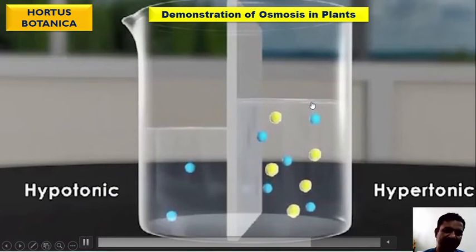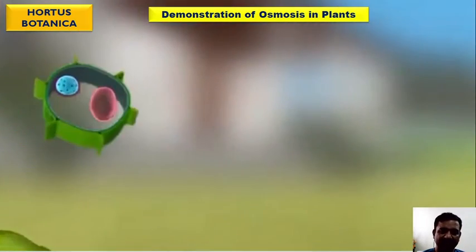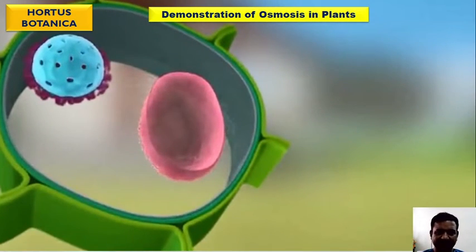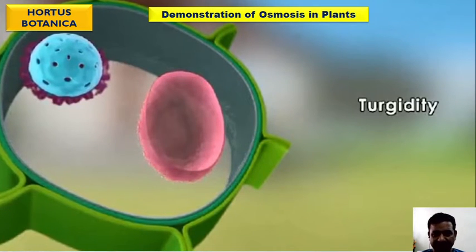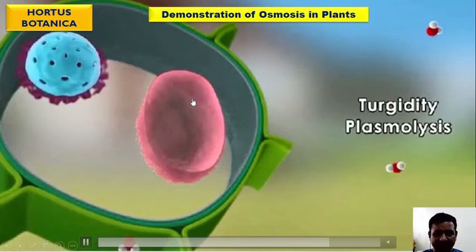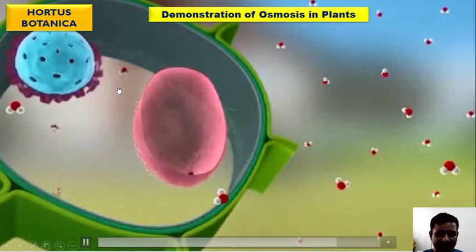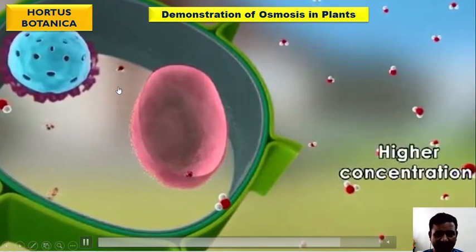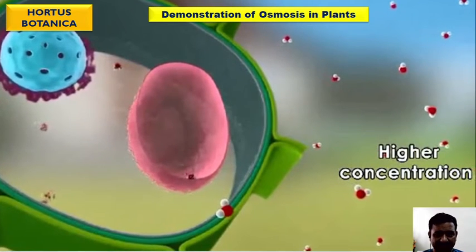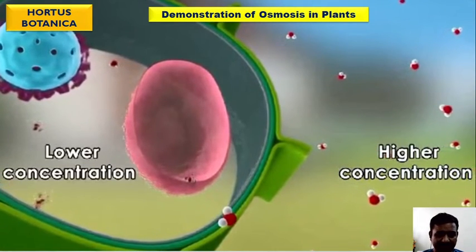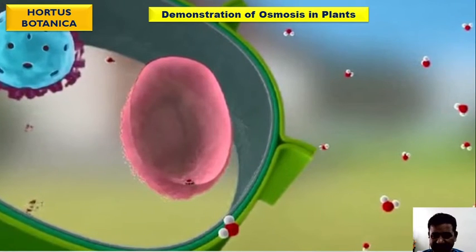So again we found here this movement, and see, again we have taken a cell. Outside, the water molecules H2O will come. So this shows you turgidity and the plasmolysis I discussed with you. What are we finding? Outside there is a high concentration of water, inside we have a low concentration, right?